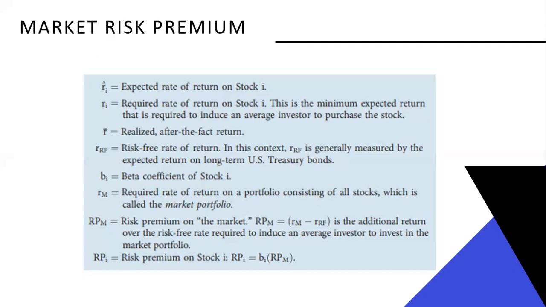So the next thing I wanted to point out is the risk premium for stocks. The formula for this is right over here, which is beta multiplied by the risk premium. If you really want to break this down, it would be beta, open brackets, return on the market minus the risk-free rate of return, close brackets.